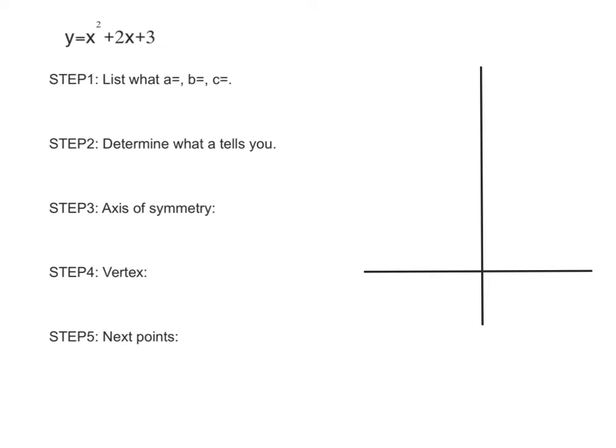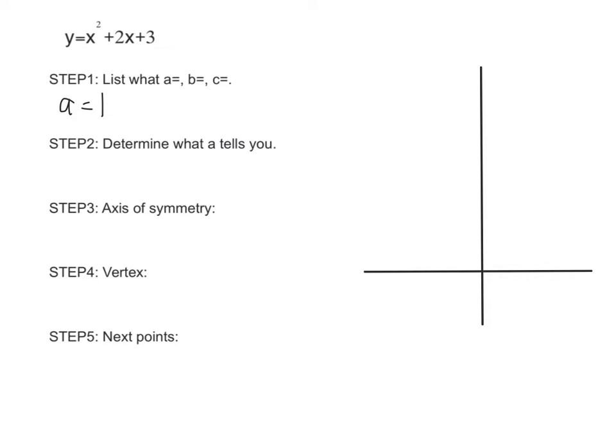Okay, so we are going to look at the equation y equals x squared plus 2x plus 3. So our first step is to actually list what a, b, and c are. The a value is 1.